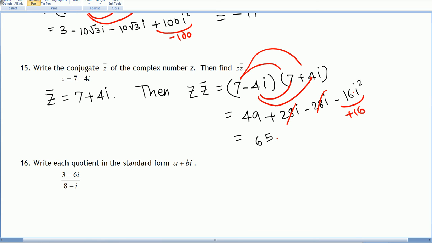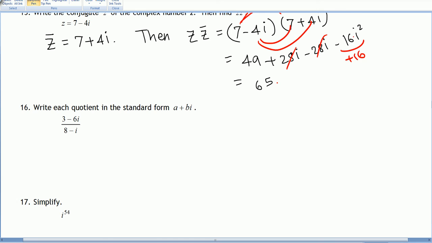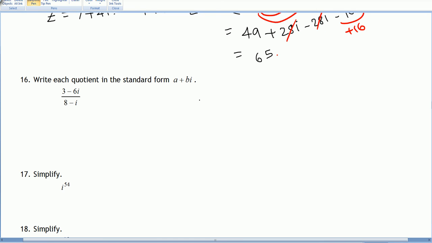Number 16, write the quotient in the standard form a plus bi. Basically we are dividing this complex number by another complex number. For this, we multiply top and bottom by the conjugate of the bottom. The bottom is 8 minus i, so the conjugate is 8 plus i, and we multiply by 8 plus i over 8 plus i.